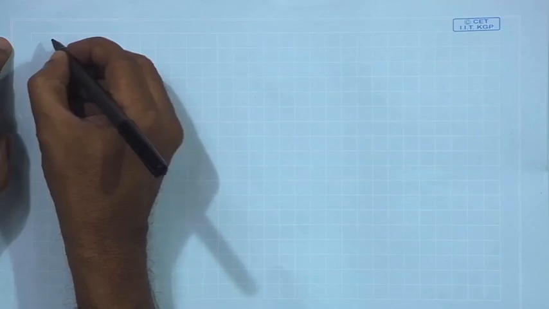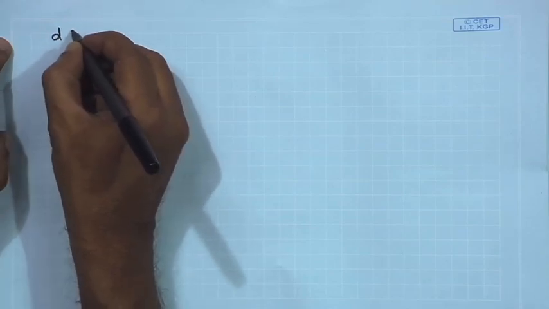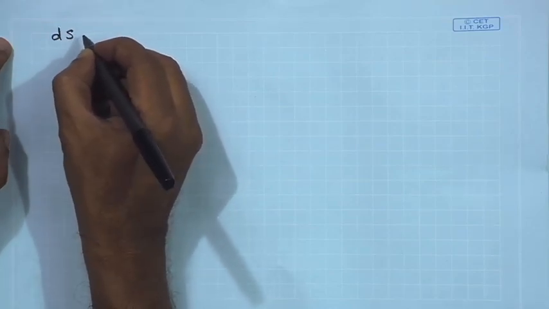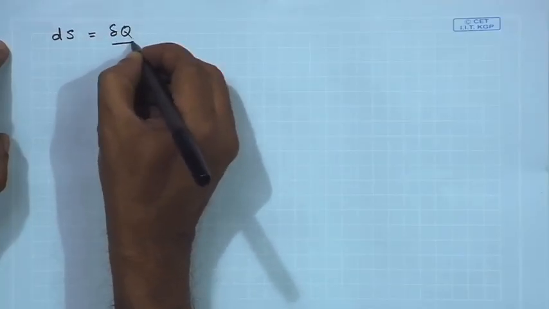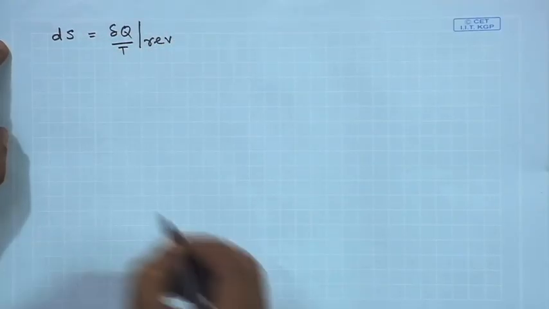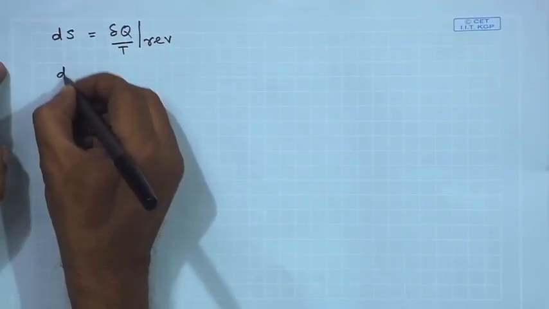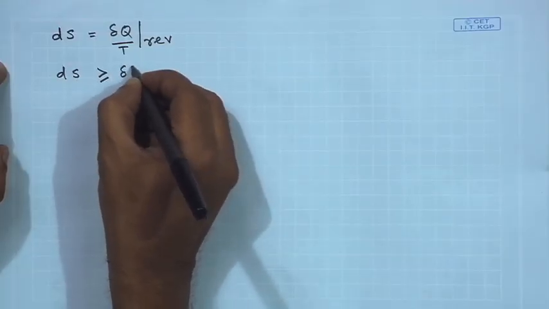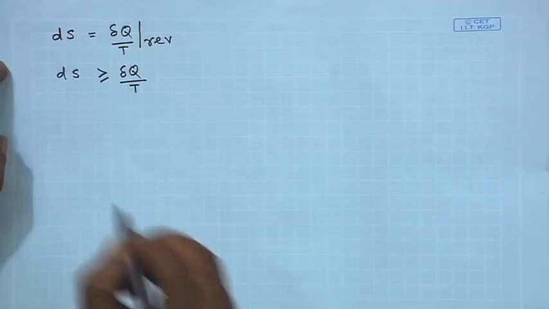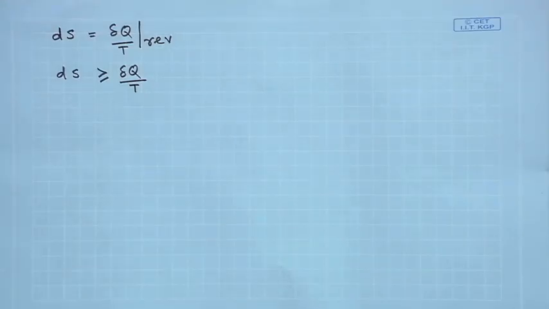Well, so the basic equation of entropy or basic definition of entropy which I have given, let me write it once again. ds is equal to dq by T reversible, and from there we get ds should be greater than or equal to dq by T if we consider any kind of process, both reversible and irreversible.